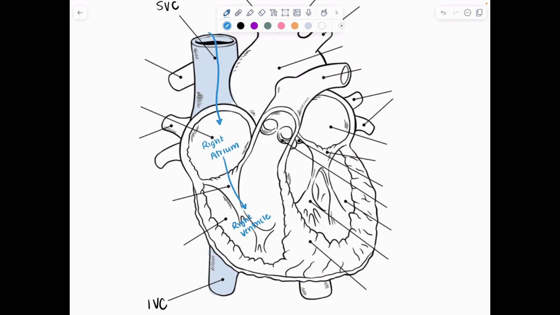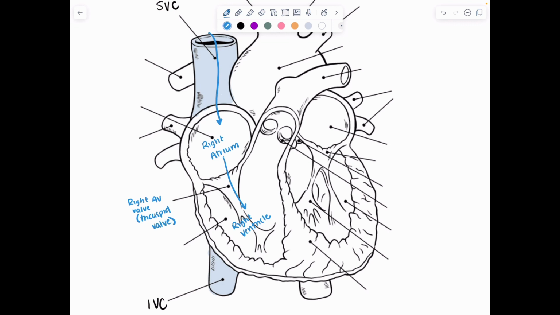And the valve that separates my right atrium from my right ventricle is going to be my right AV valve. The AV stands for atrioventricular. Sorry, my brain is just not there right now. We also sometimes call this our tricuspid valve. So that's what's connecting those two.